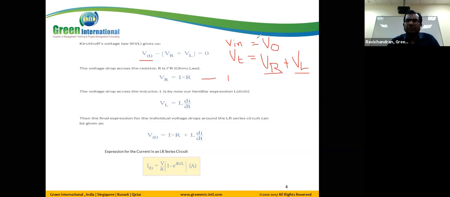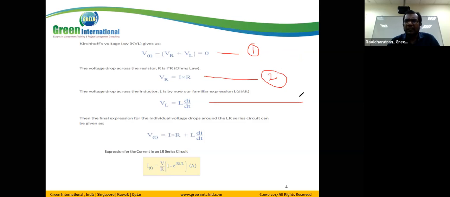This is equation number 1, this is equation number 2, and this is equation number 3. Substitute equations 2 and 3 in 1. We get Vt equal to IR plus L into di by dt. This is a differential equation.